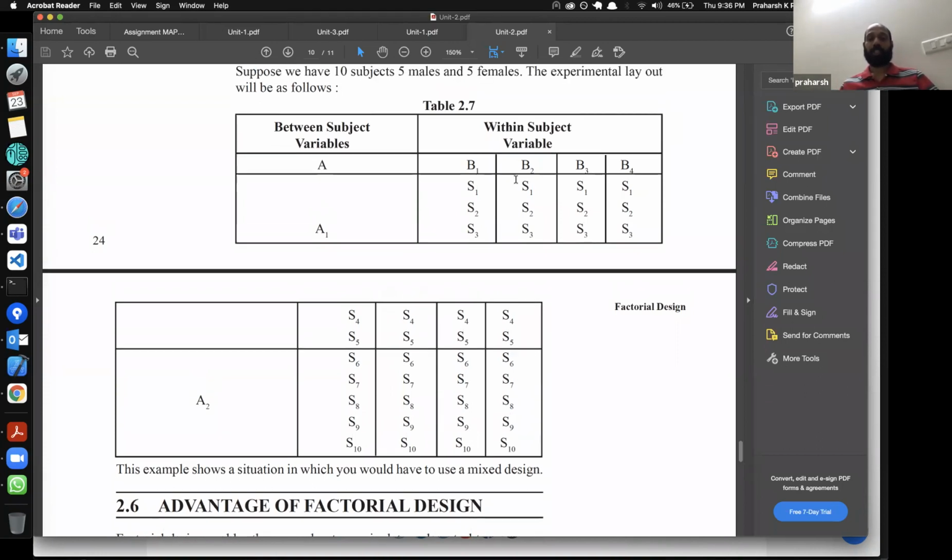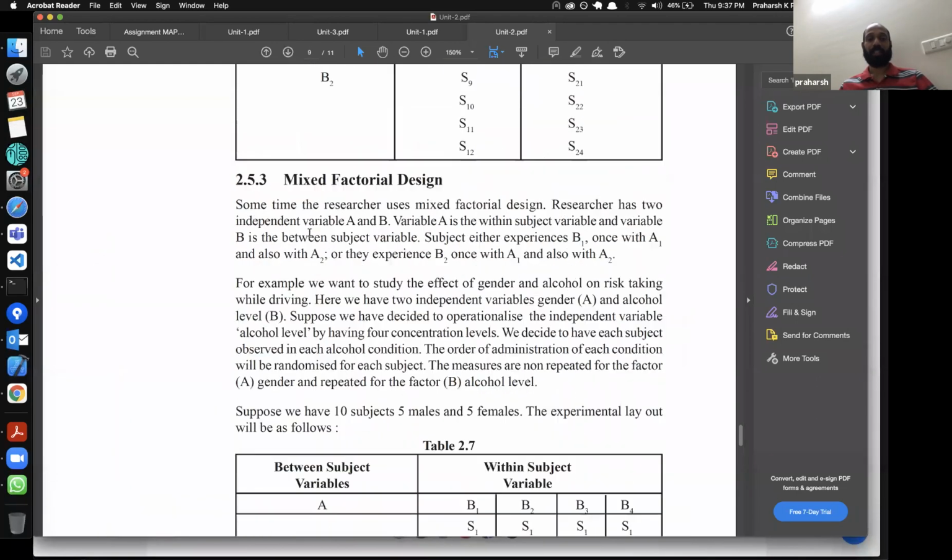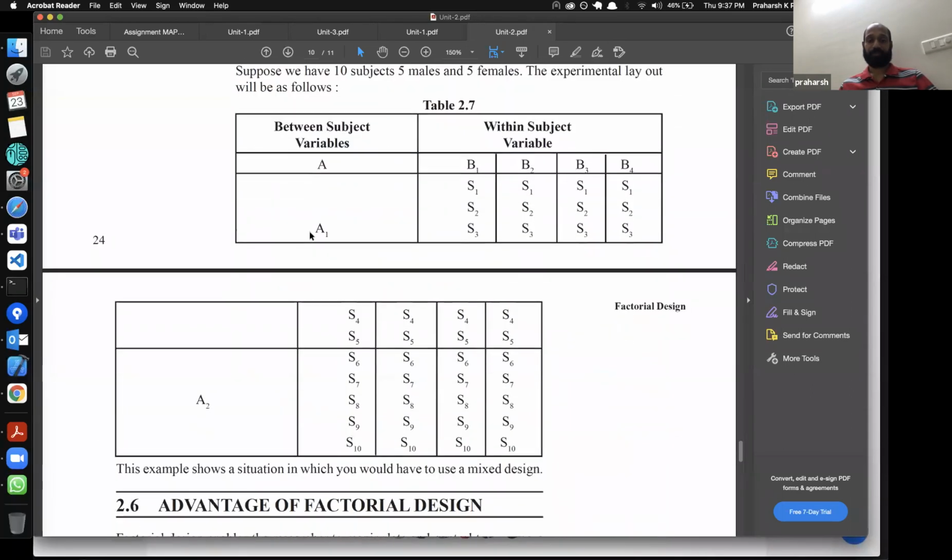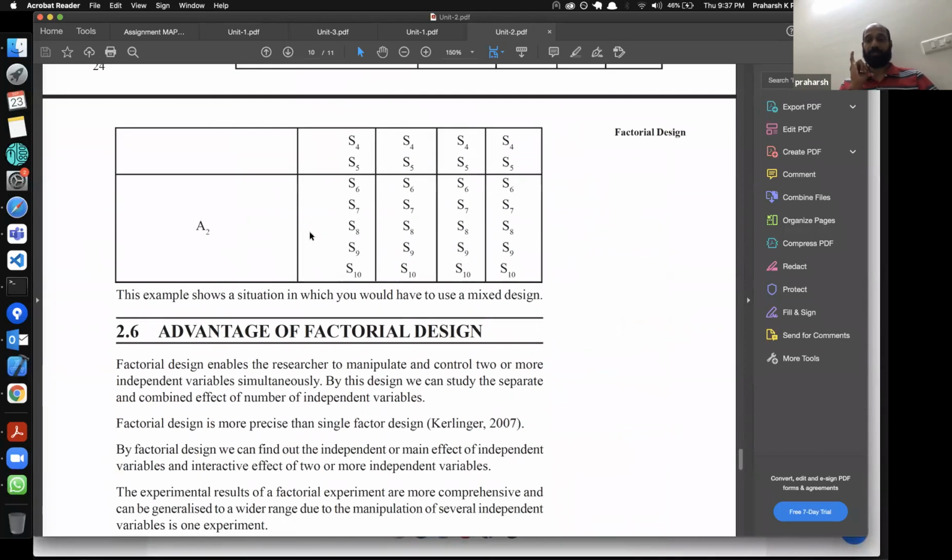So you can see that it's not like everyone went through every condition. Everyone went through entire levels of some factor, for a single level of the other factor. So far clear? That is called the mixed way of selecting your sample. So we have between subject, within subject, and mixed, 3 ways of selecting samples.